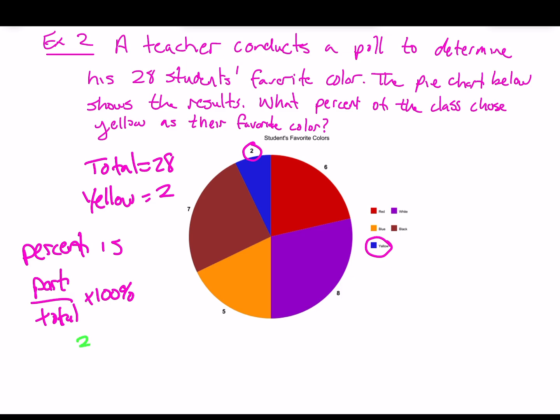So that is 2 over 28 times 100%. And when you do that math, you get 7.14%. So 7.14% of this teacher's students chose yellow as their favorite color.